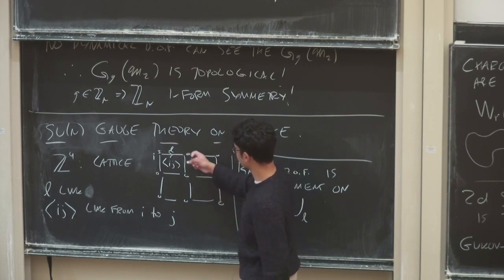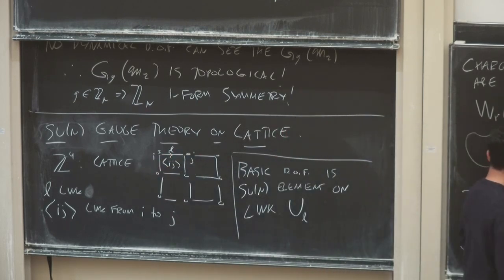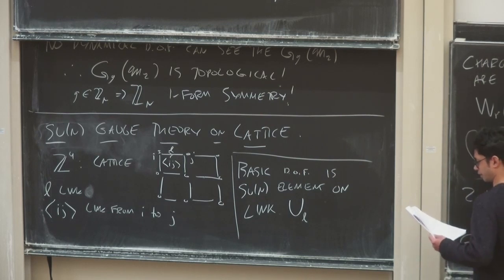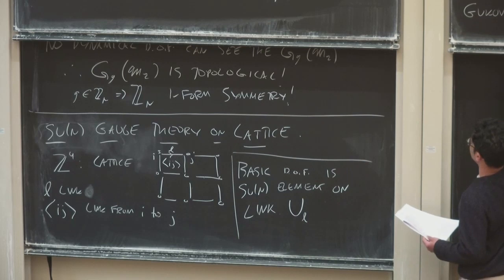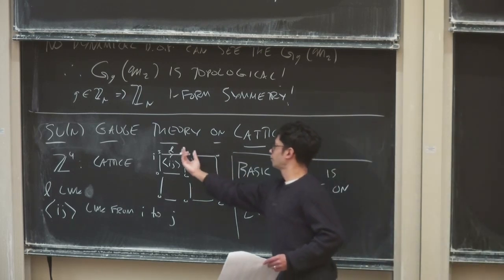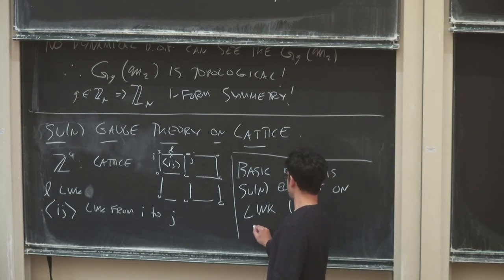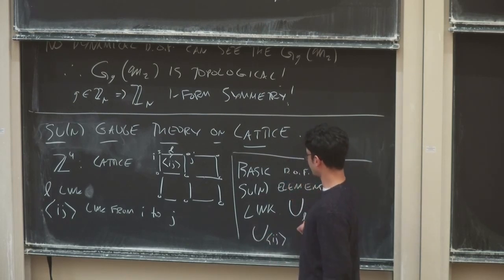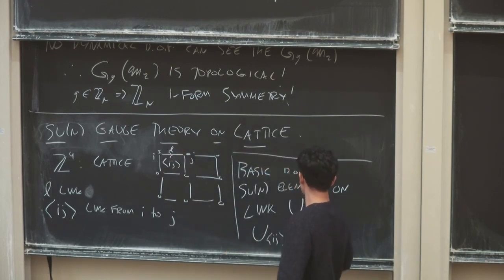The degrees of freedom live on the links in pure gauge theory. And reversing the orientation of the link inverts the group element. In other words, if I use this notation, U_ij, which is U living on this link here, the one from i to j, this is equal to U dagger ji.